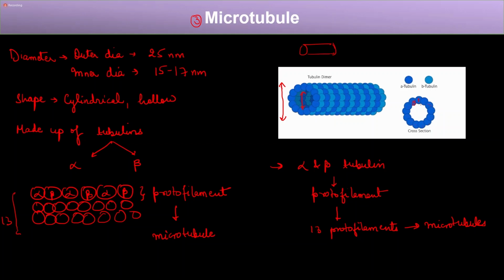Okay. Now, the next thing that we'll study is where these microtubules are present. So these microtubules are present in cytoplasmic matrix. Apart from cytoplasmic matrix, these are also present in surface structures such as cilia and flagella.